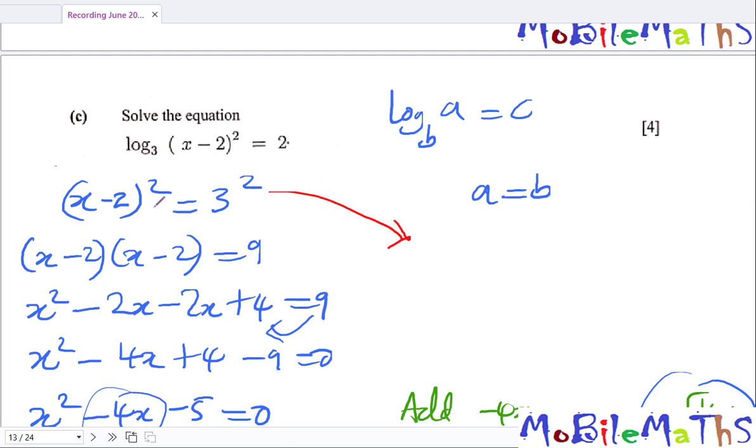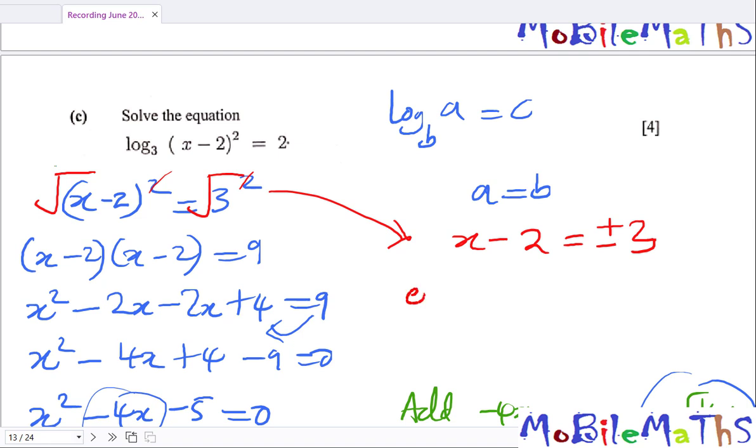If I have this one, I can find the square root of both sides. Finding the square root, they cancel, and we get x minus 2 equals the square root of 3 squared, that's plus or minus 3.